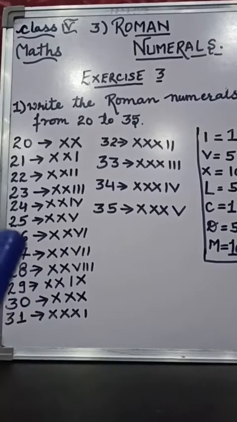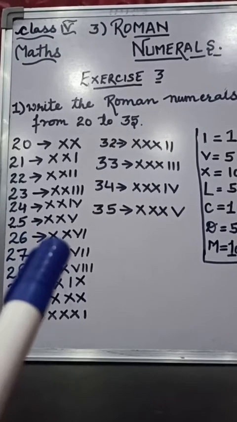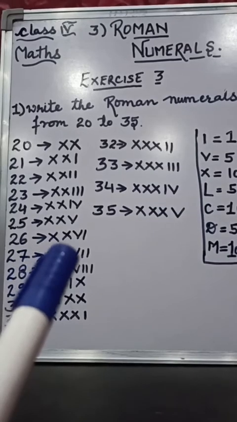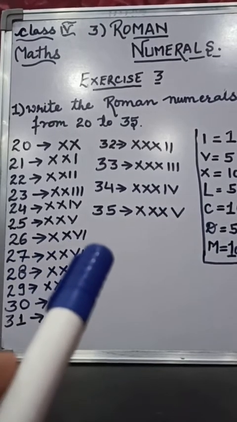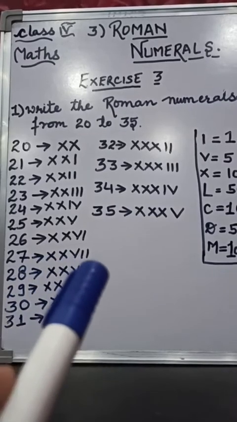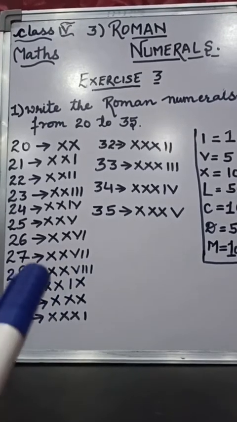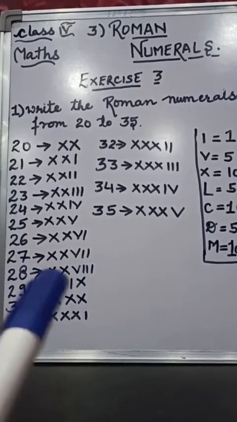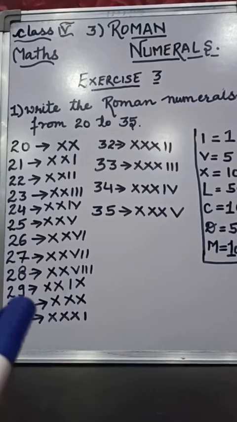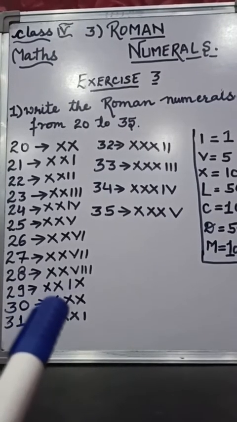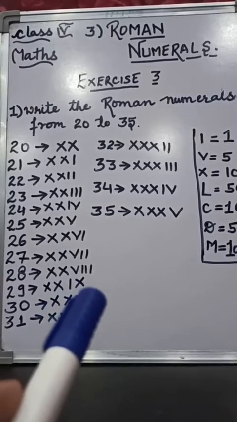Okay, 25, XXV, and V means 5. Then 26, XXVI. 27, XXVII. 28, XXVIII, with I three times. Is that clear, all of you? Now 29, XX and IX.